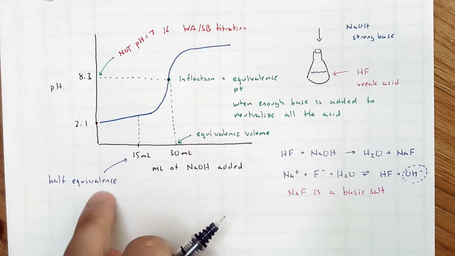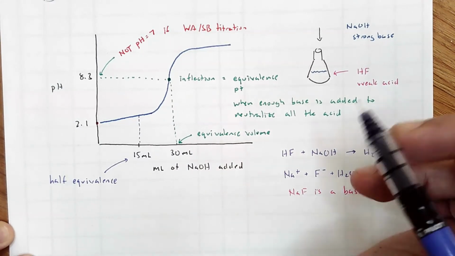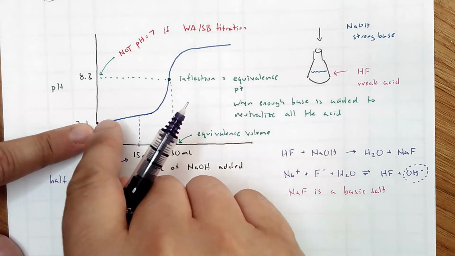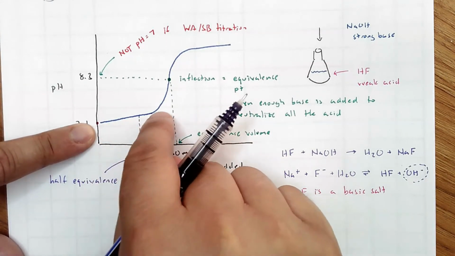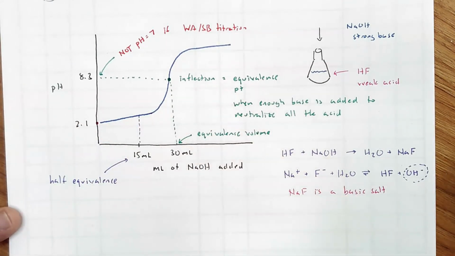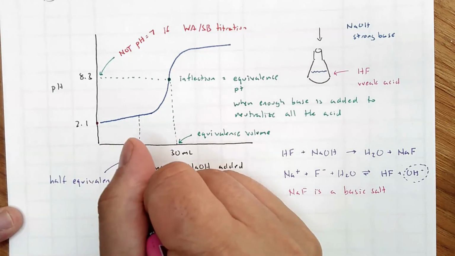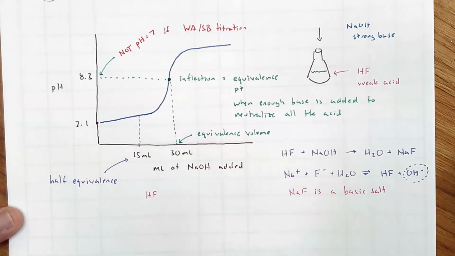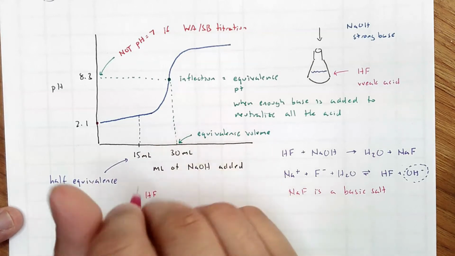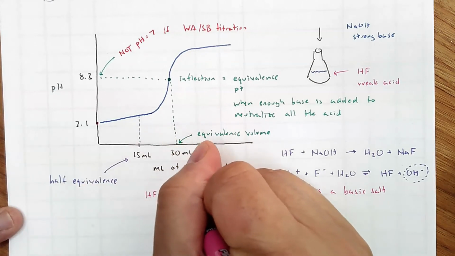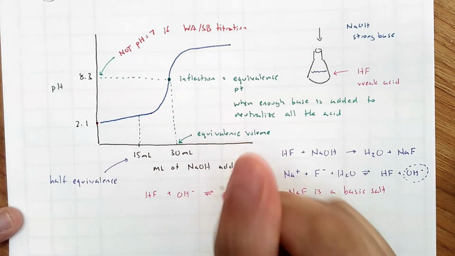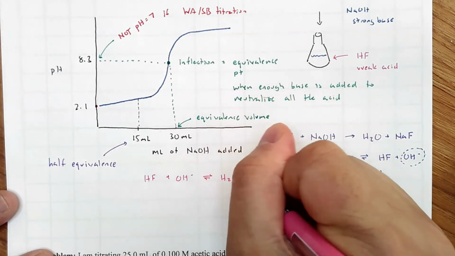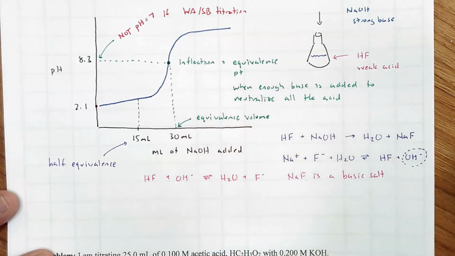Let's get back to the half equivalence. When you make these solutions as you're adding more base, what are you making actually? You have HF, right? And you add, let's say, base OH minus. You're making H2O for sure, plus F minus.